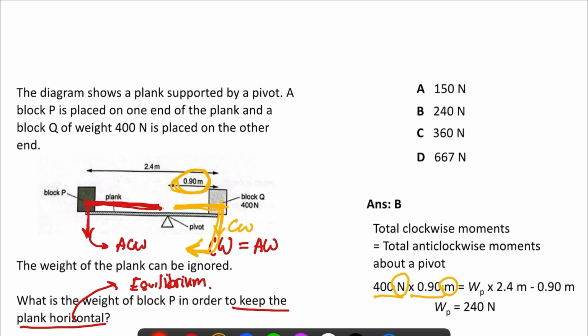And from here, this part is the weight of the block P times the perpendicular distance. So by simplifying, we'll get 240 newtons. Hence, the answer is B.